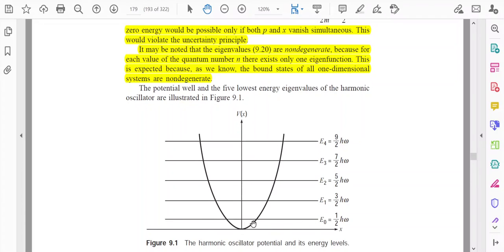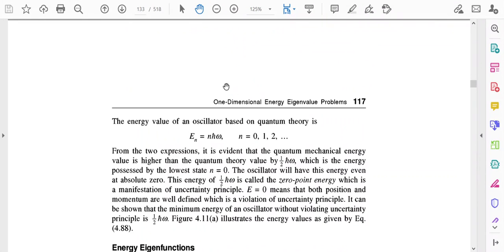So it is as per the statement of the uncertainty principle. This is the energy for n equal to 0, and this value is for state 1, n equal to 1, n equal to 2, and so on. So this is about the energy values.